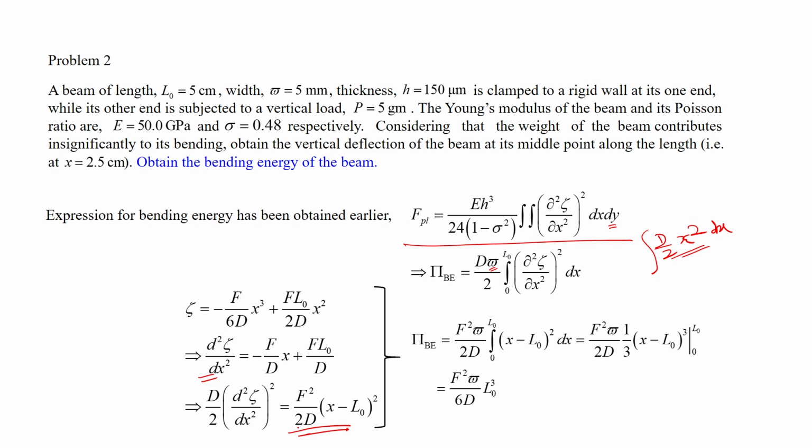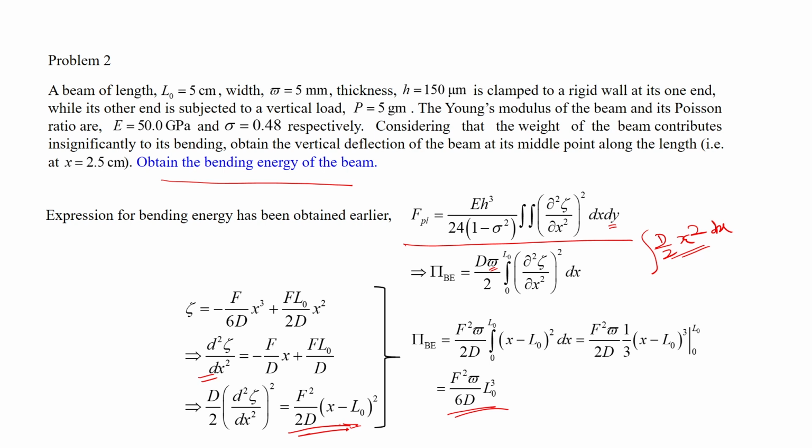So, this is not x square, this is del square z by del x square, which is minus F by D into x minus L0. It is F by D, and it is D by 2 here, so it is the square of that. So, this is F square by 2D into x minus L0 square, this is fine. You substitute all that and finally you get this expression for integration from 0 to L0. This is the total bending energy of the beam.